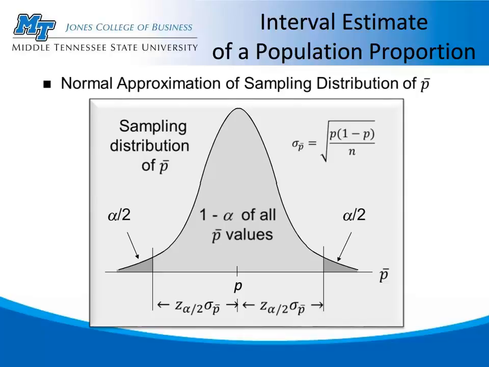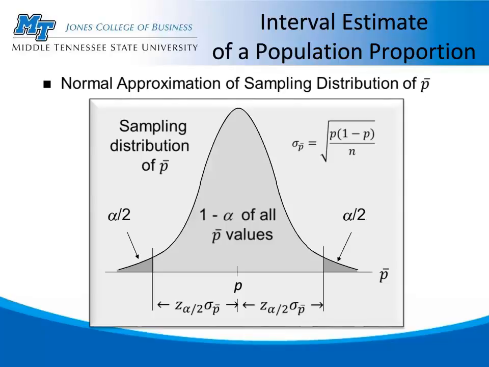We're going to use the z, and we're also going to use the standard error of the proportion. Now the formula for the standard deviation of P bar, or the standard error of P bar, is the square root of P times 1 minus P over n. The issue is that we don't know what the value of P is. We're trying to estimate it.